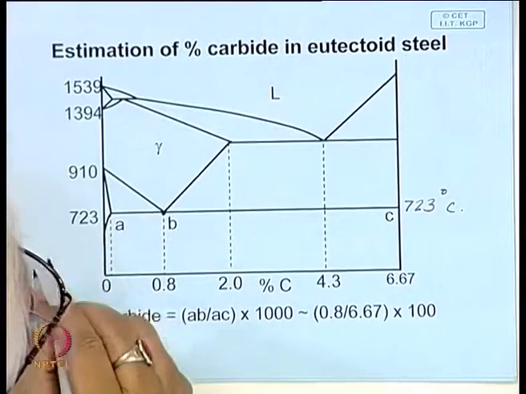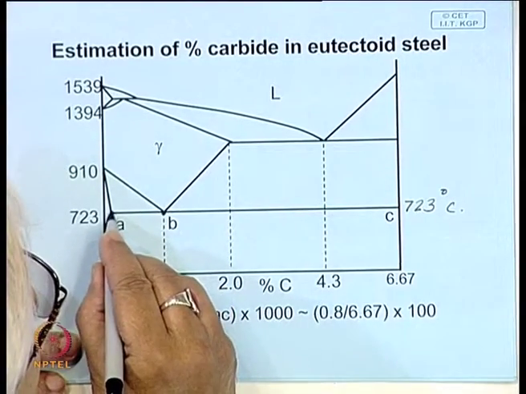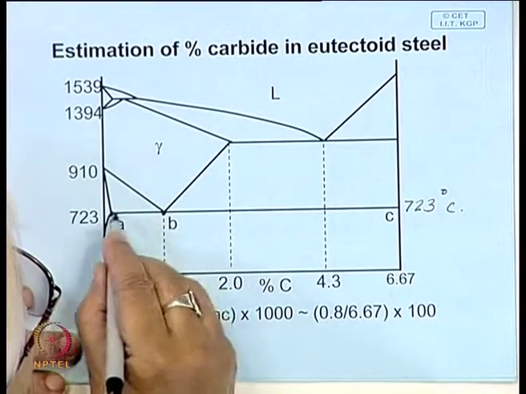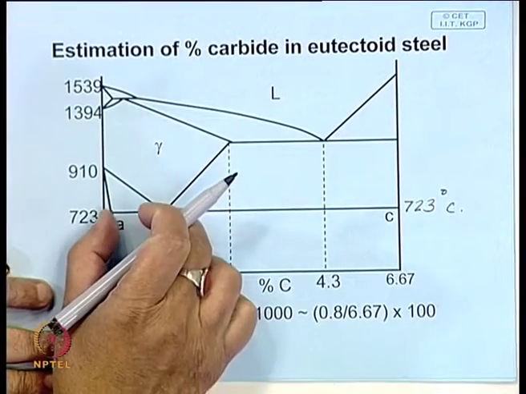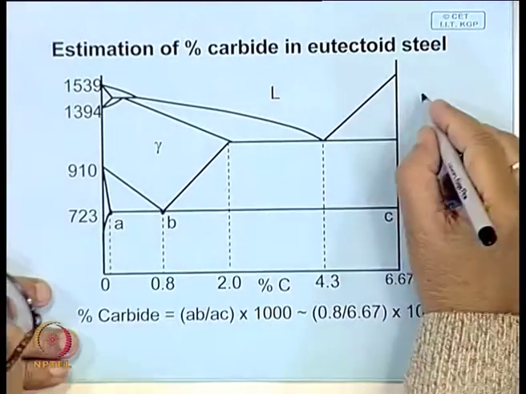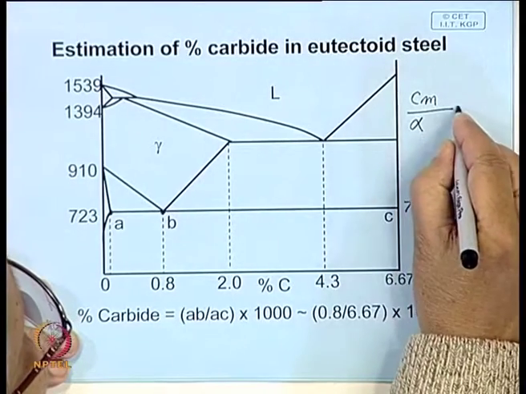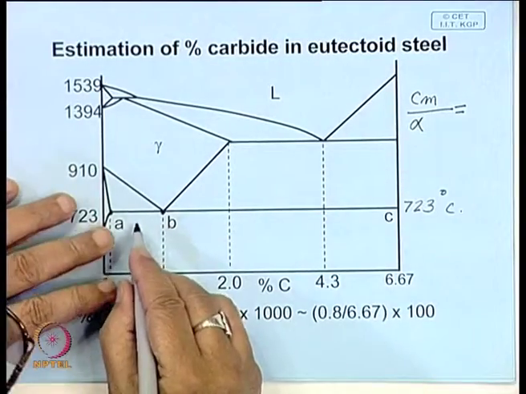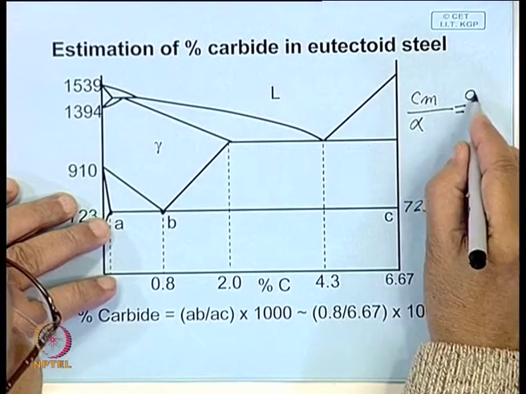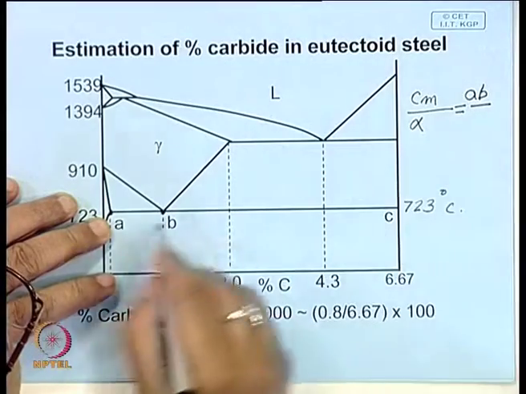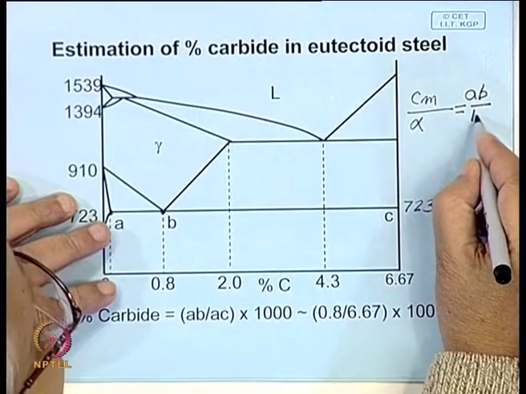Here you can apply the lever rule. Just below the eutectoid temperature, the amount of cementite over ferrite will be proportional to this part: cementite is proportional to AB, and ferrite is proportional to BC.